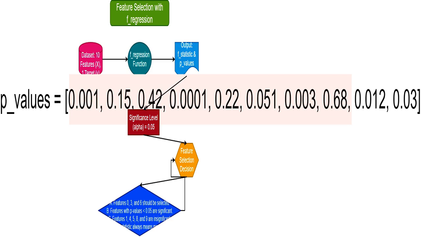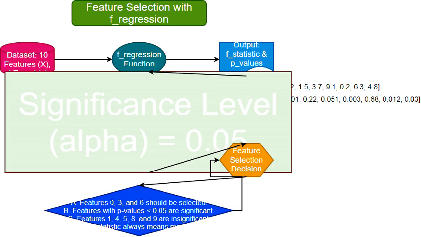A low p-value, typically below 0.05, suggests a statistically significant relationship. I set a significance level of 0.05. This means I only consider a feature important if its p-value is below 0.05.